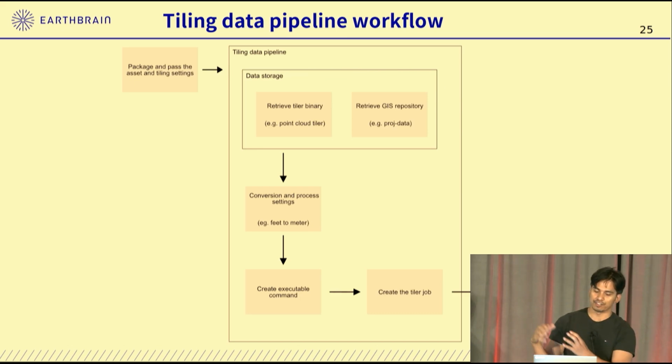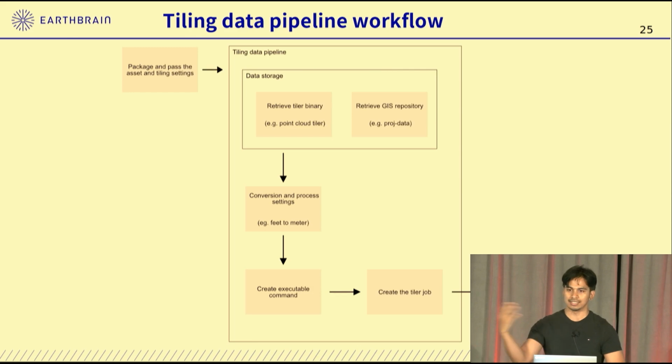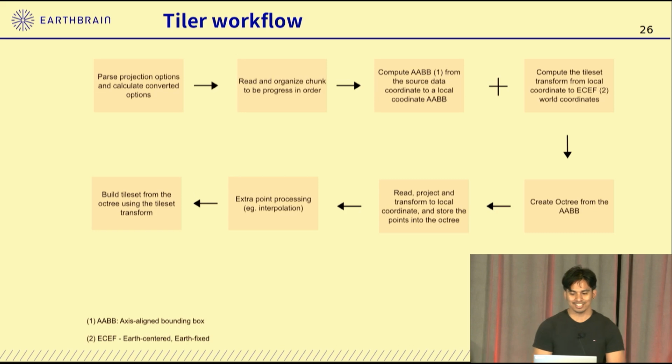Then we start a conversion process, which processes any units from feet to meters. Then we create the executable commands, which is basically the binary and the settings required to tile the asset. Then we start a tiling job, which is passed to our servers, and then we run the tiler. Let's get to it. Here's the meat and potatoes of the tiling process.